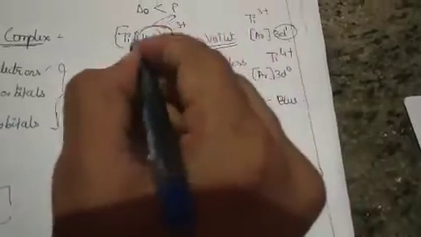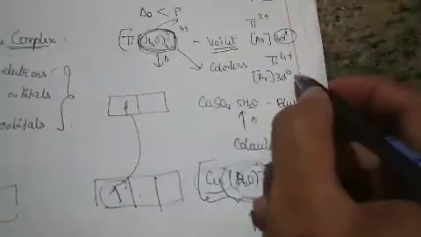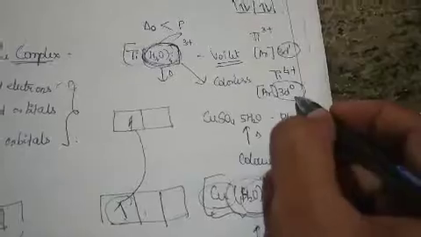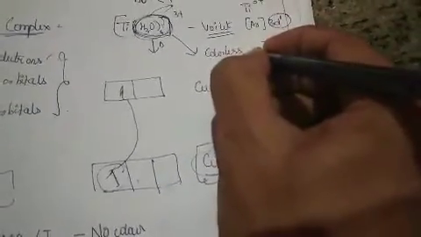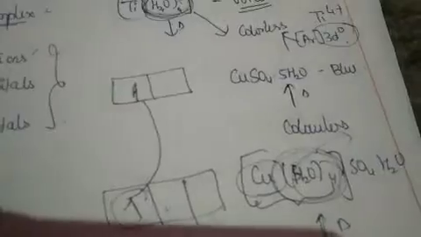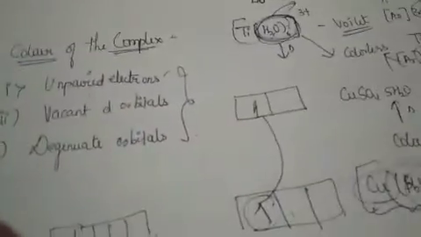Even though it has 6 water molecules, the d orbital does not have any electrons for the transition to occur, and this leads to colorless. So these are the major important things we have to deal with: why certain complexes are colored and why certain complexes are not colored, and what the criteria are for complexes to be colored.